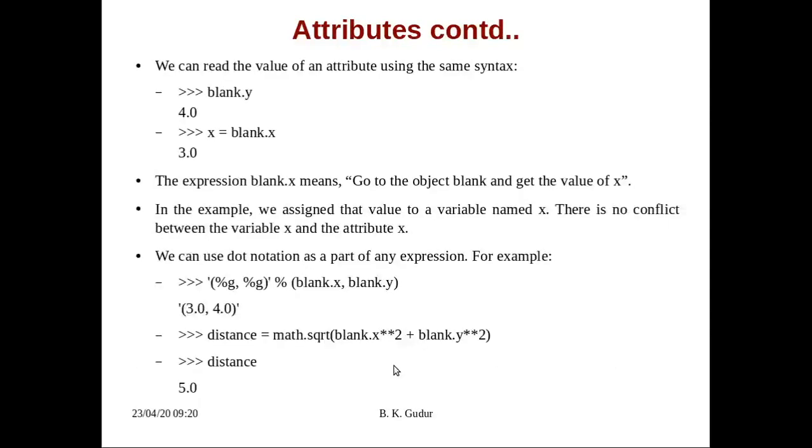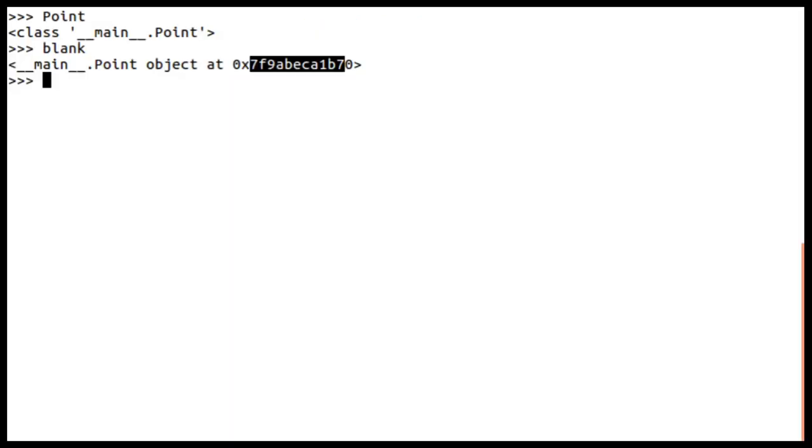Here we can read the value of any attribute by using the same dot operator syntax. So blank.y is going to give its value, and blank.x is going to give the value of x. Before proceeding further, I will show the creation of attributes. Already we have the Point class.